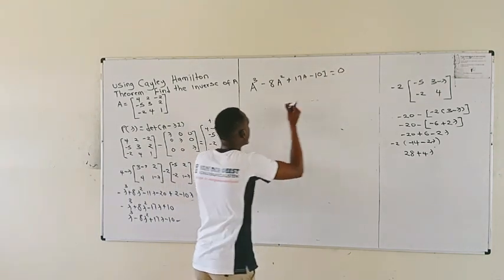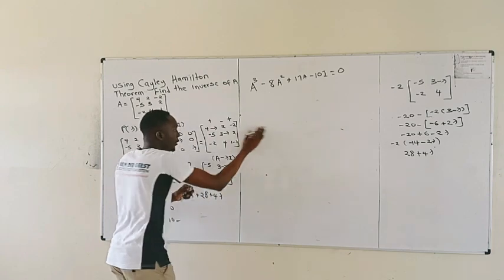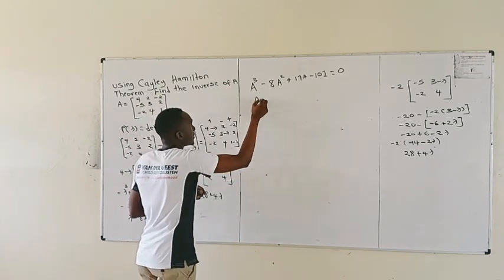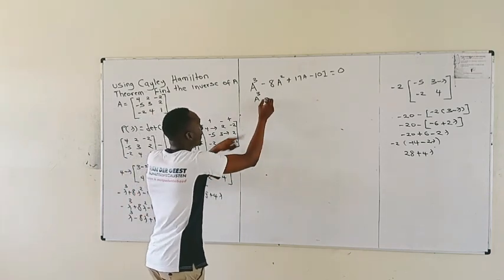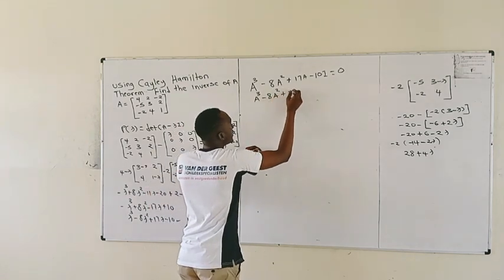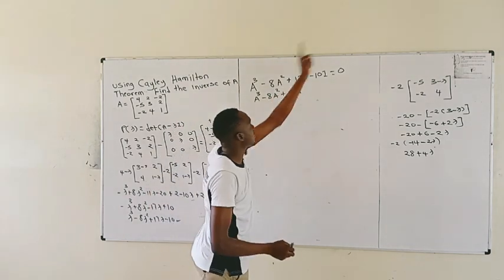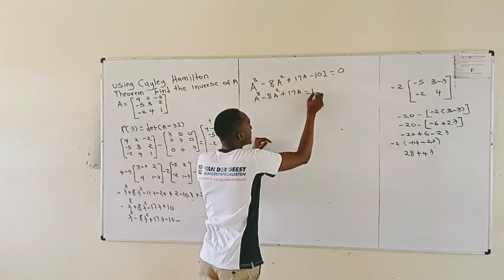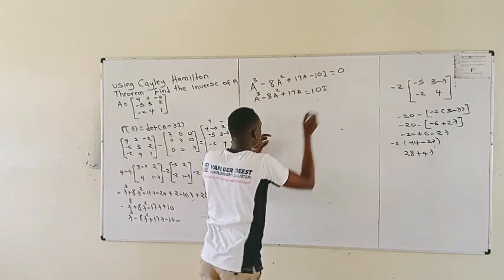When you solve this, we will get 0. By so doing, we find that A power 3 minus 8A squared plus 17A, we cross 10 to the other side, we'll have plus 10 times the identity matrix.